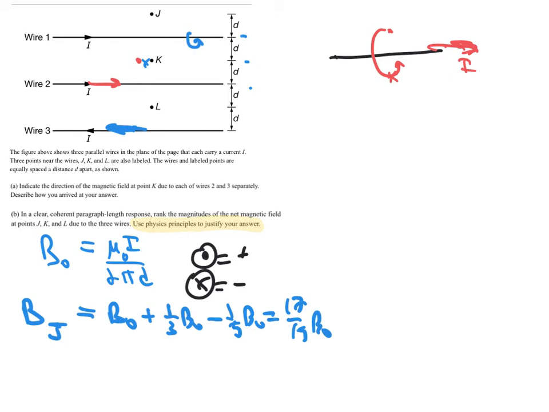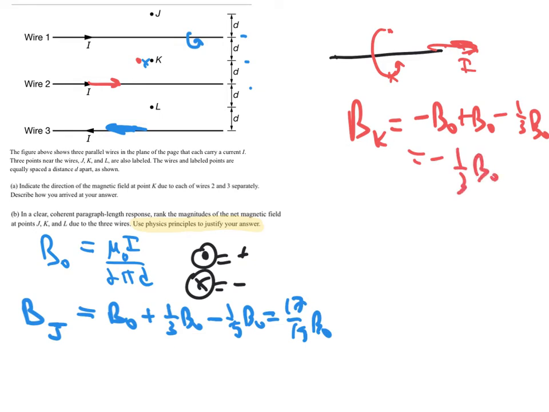Let's go out here and say, what about B from K? B at point K. Well, now we're going to lose B0, right? Not lose, but it goes into the board. But we get back the same from wire 2. And then we lose 1/3 B0. So that is minus 1/3 B0. And then at L, we are in the negative direction, right?